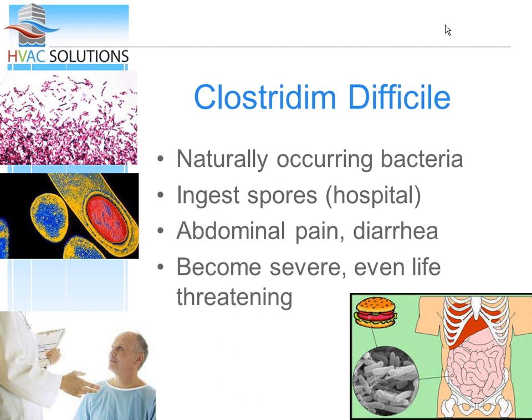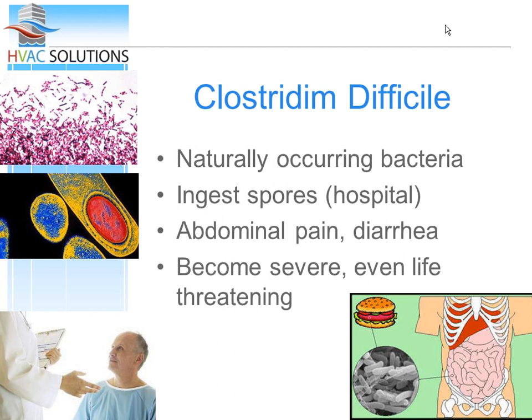C. diff. So C. diff is one of those, I'll say, new bugs that we're hearing about, and you're hearing an awful lot about this if you deal with nursing homes or hospitals. So this is a bacteria that we see an awful lot, like I said, in hospitals, in nursing homes, that kind of thing. And you feel sick. It's more of a stomach type of sickness, but it lasts such a long time.